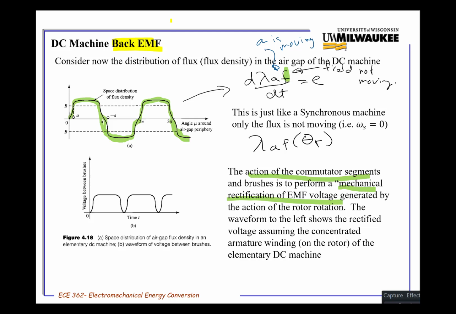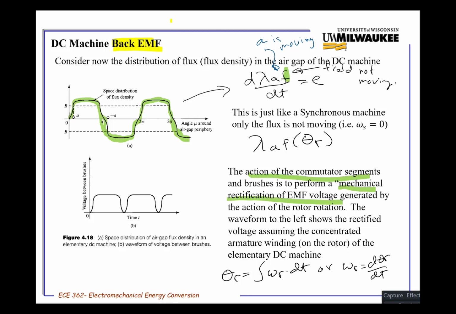In the steady state, remember that theta R equals the integral of speed with time, or speed is the change of theta R with time.